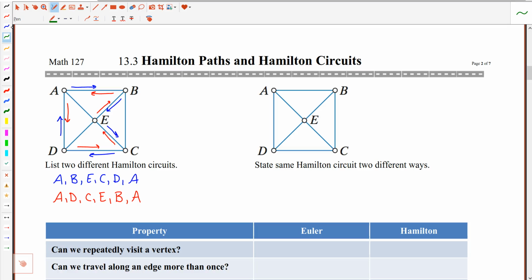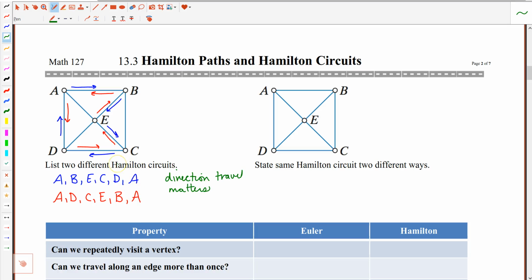So what we're seeing here in this example is that the direction that you travel matters. Moving forward, we're going to count these as two different Hamilton circuits.